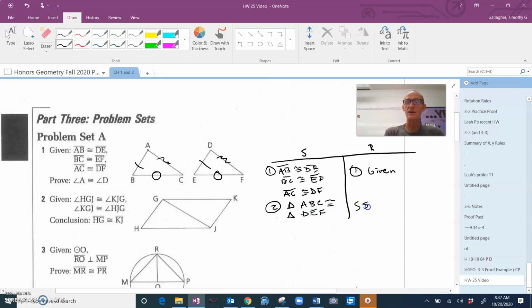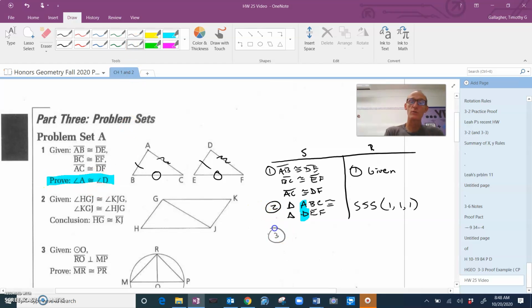And that's side, side, side. And that's 1, 1, 1, because all 3 sides were in the first step. And so you can see that angle A and angle D match up, correspond in the 2 triangles. And that's what we have to prove.